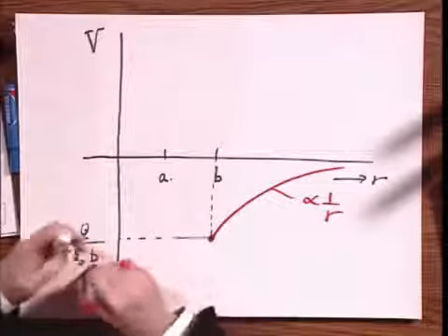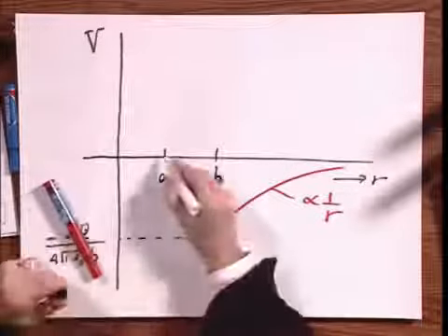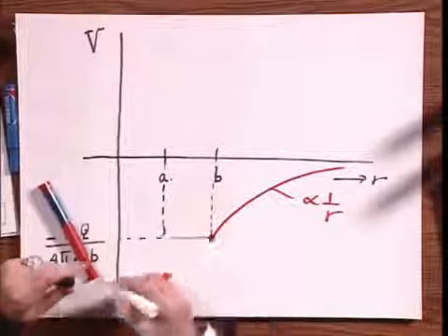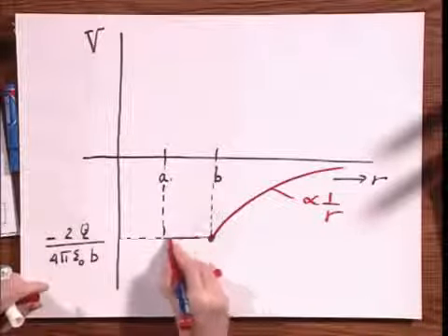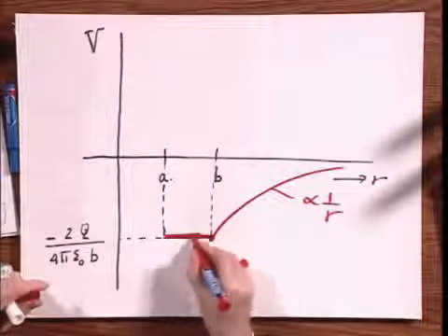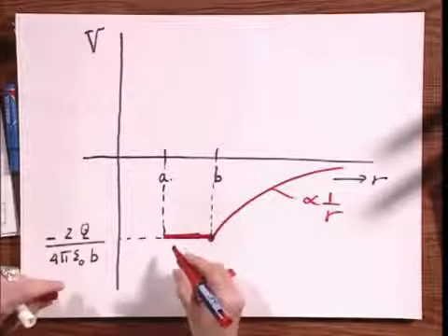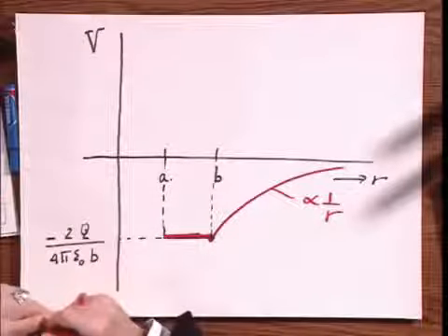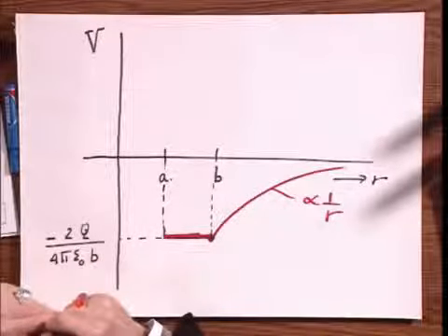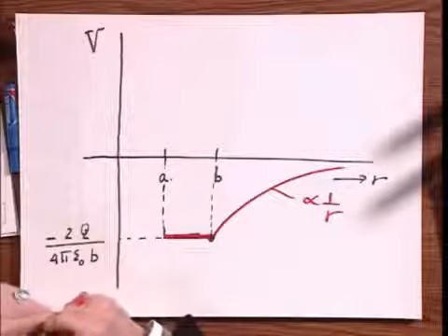In the shell there is no electric field. If there is no electric field, it must be an equipotential. So the potential is everywhere the same, so it remains this value. And now you go inside the sphere, and that's the part where I want you to show that.